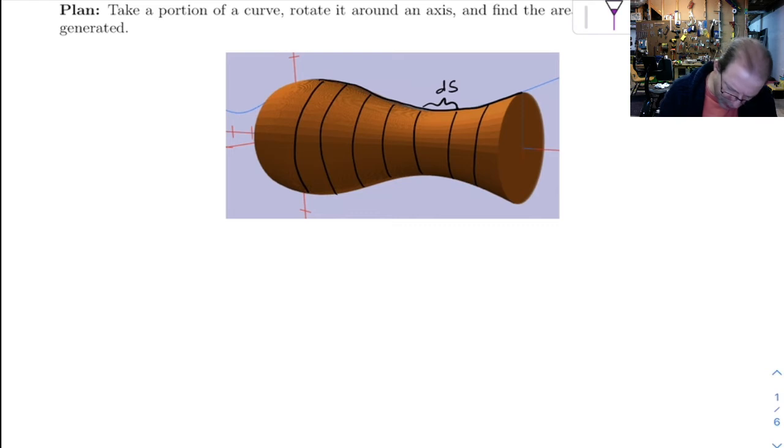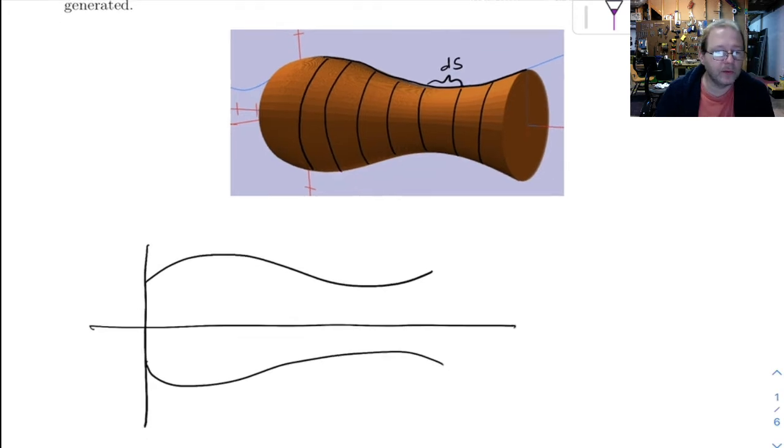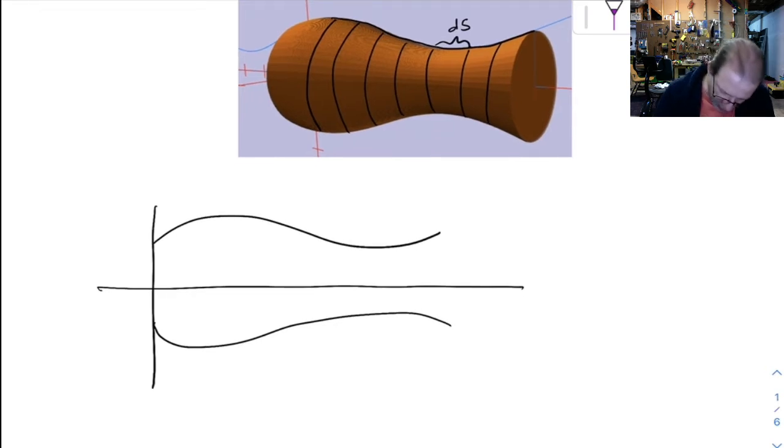So let's work this out. I'm going to draw another drawing here. Let's say we have this curve and we rotate it around the x-axis. Let's draw one band on here.